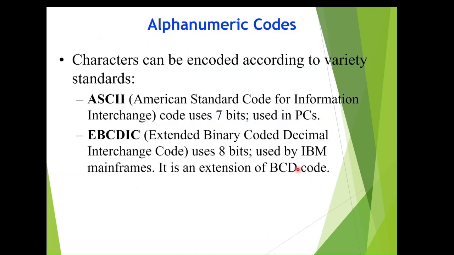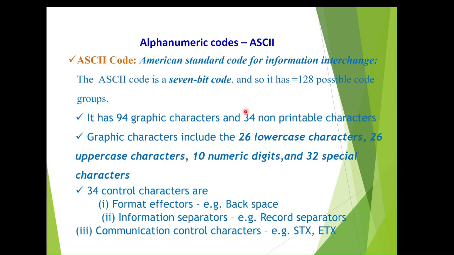The next set of codes are alphanumeric codes. As we already mentioned, we have a 7-bit code, and it represents both numbers as well as alphabets. A 7-bit code means we can have 2 power 7 possible combinations, that is 128 possible codes.